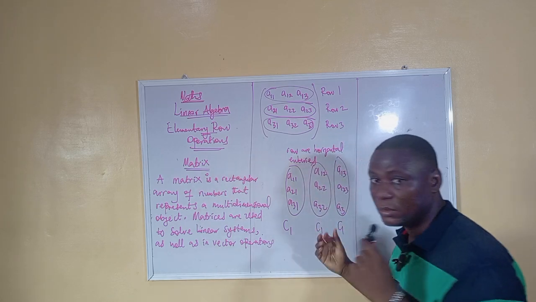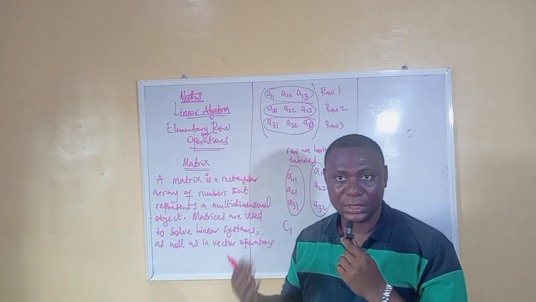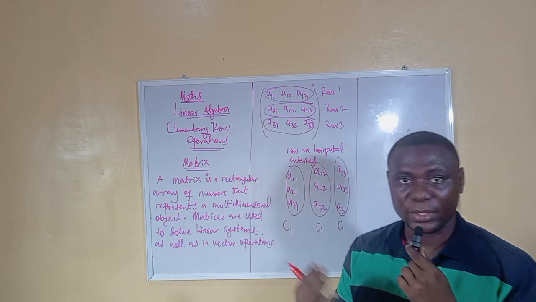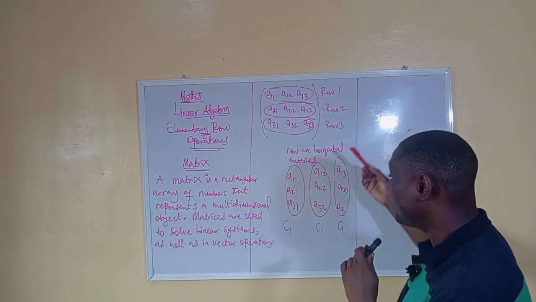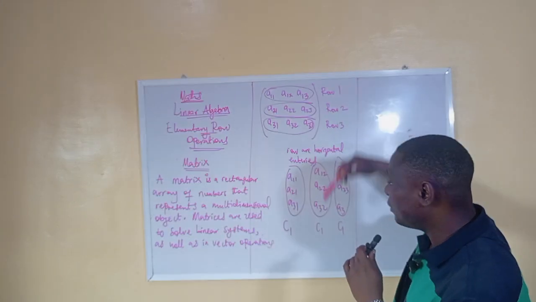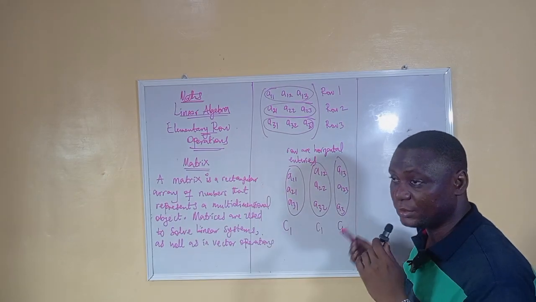So these are the columns. These are the terms we'll be using in the subsequent analysis: rows and columns. Now we know rows are horizontal entries and columns are the vertical entries.